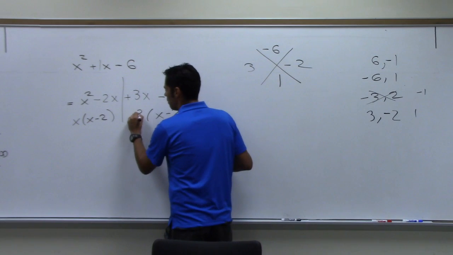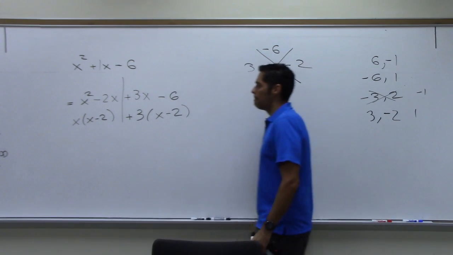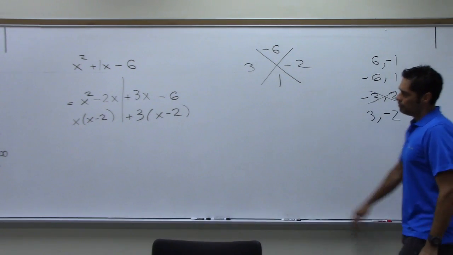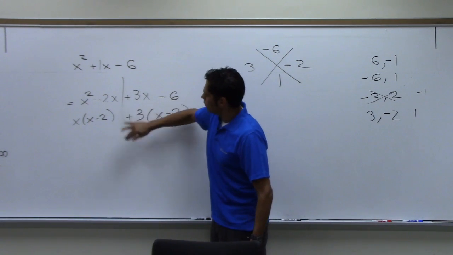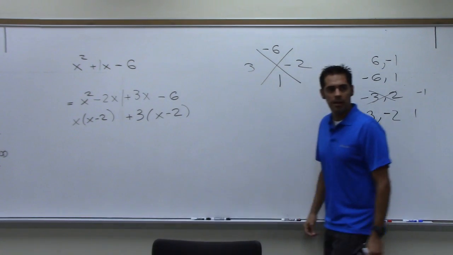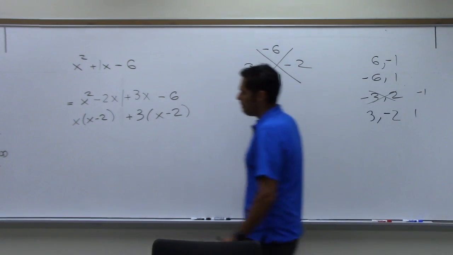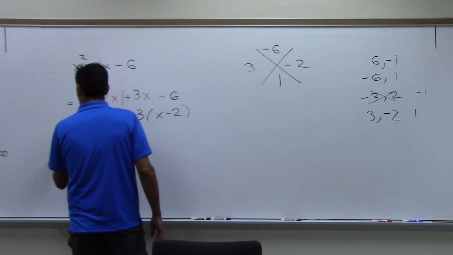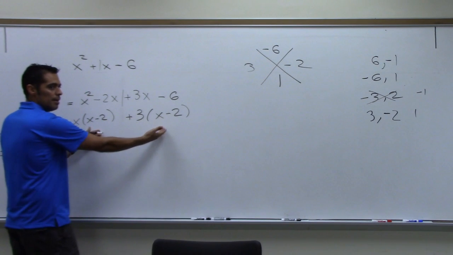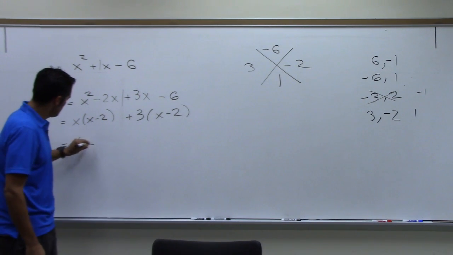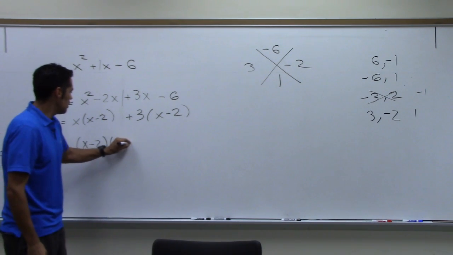And since it's +3, I put +3. And I believe we'll be there at this point. I'm going to write what they both have in common, x minus 2 in parentheses, and then x plus 3.